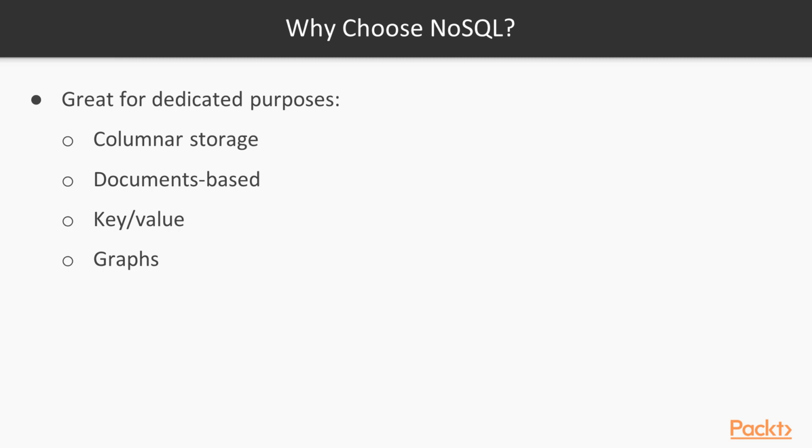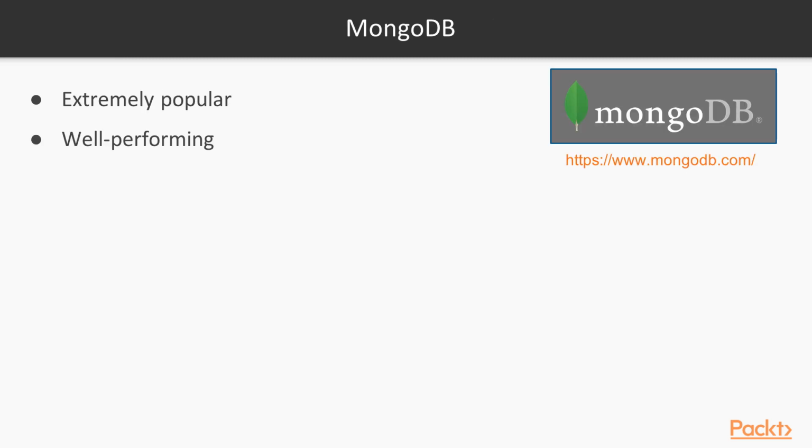The main reason that everyone does is that NoSQL is extremely good at its dedicated purpose. So columnar storage, like Apache Cassandra, and document-based, like MongoDB, are all able to perform extremely well at these particular uses. MongoDB is probably the best known amongst the NoSQL databases and is extremely popular to anyone you talk to regarding NoSQL.